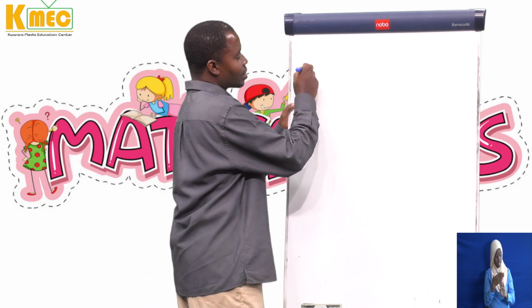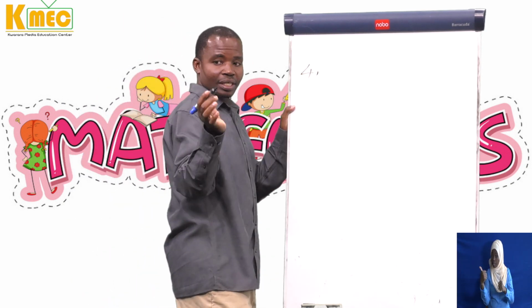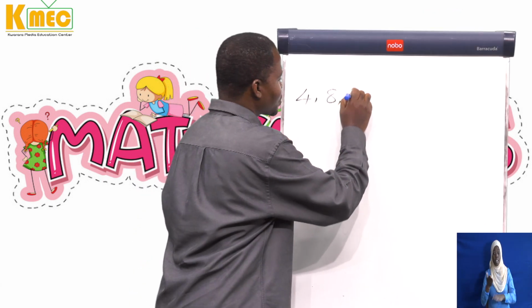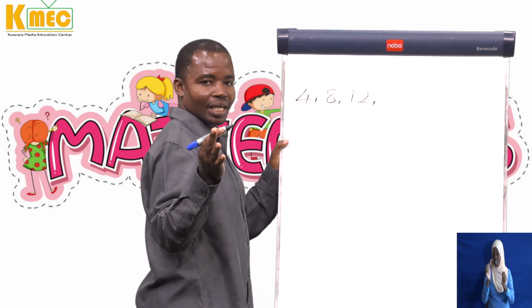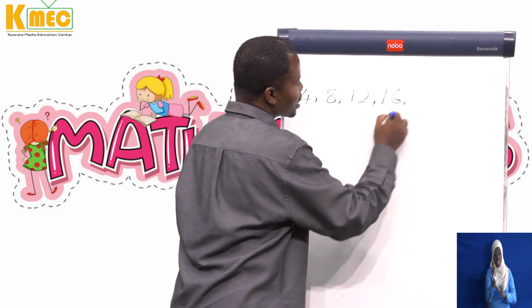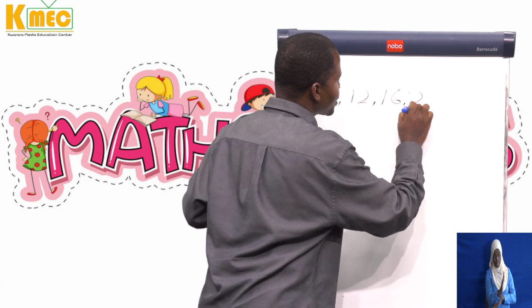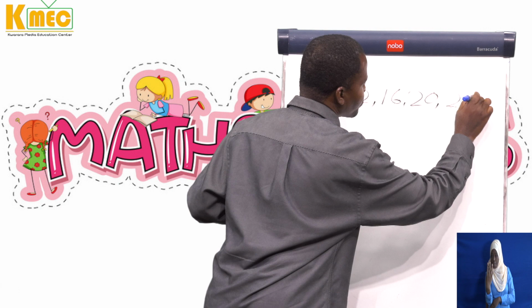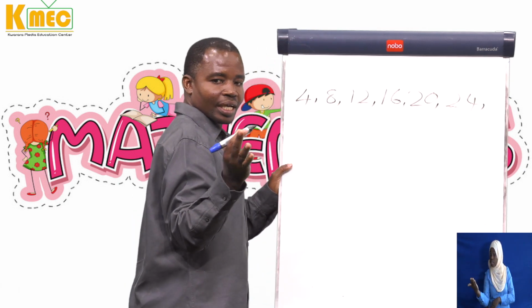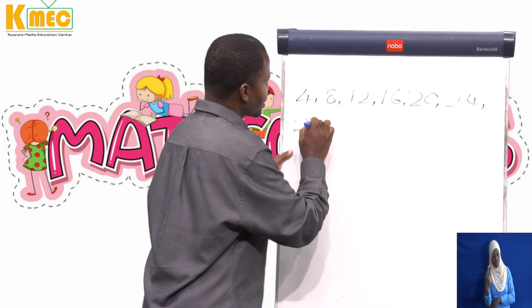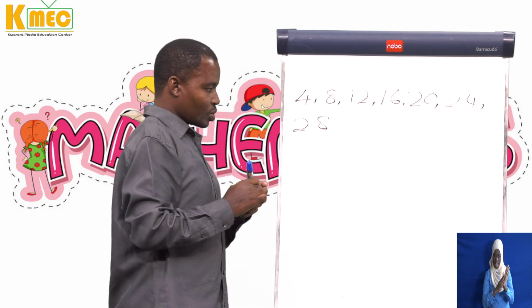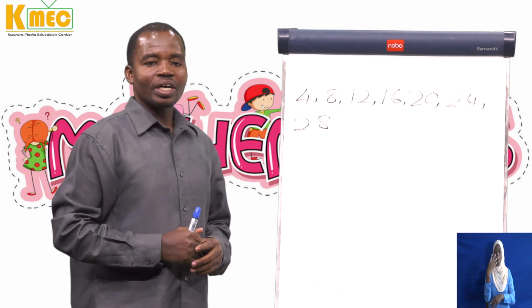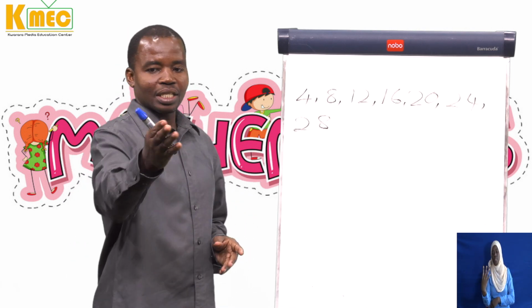We start with 4, then 8, then 12, then 16, then 20, then 24, and then 28. So those are multiples of 4 less than 31.